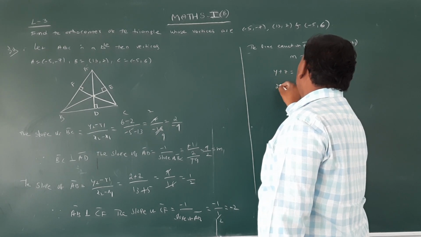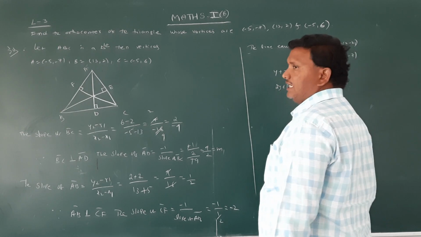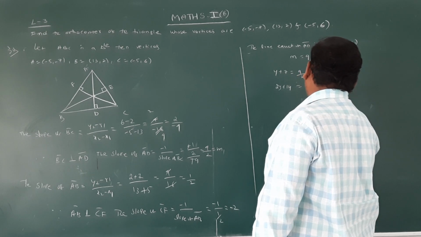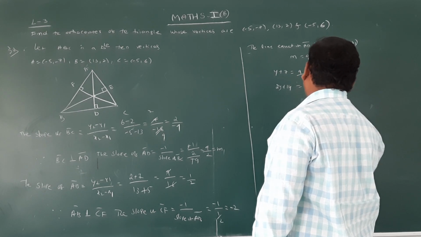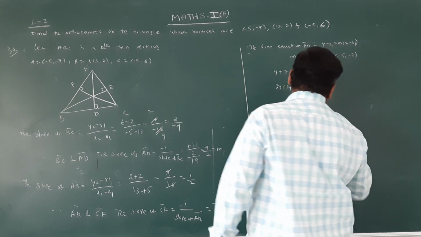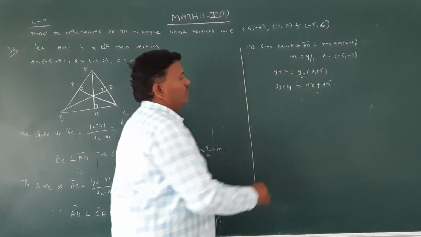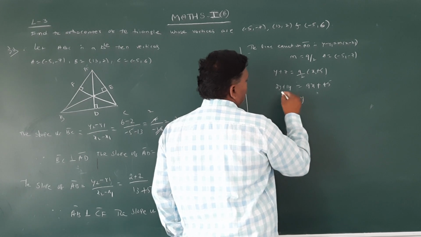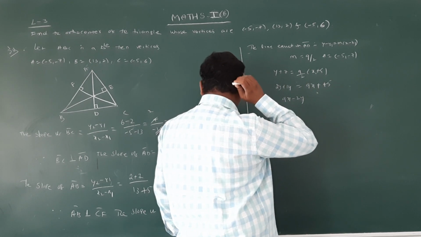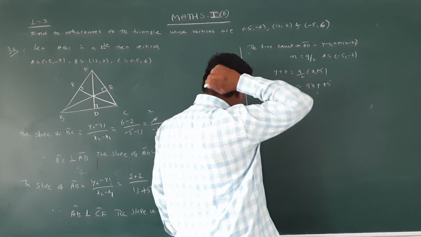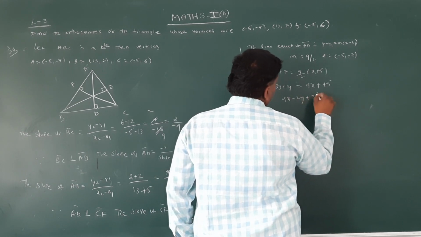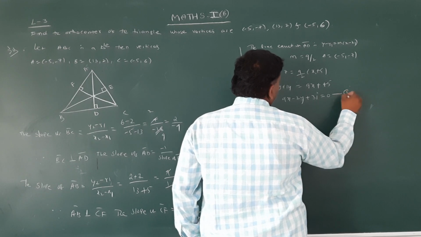That gives 2y plus 14 is equal to 9x plus 45. Moving terms to the right side, 9x minus 2y plus 45 minus 14, so 9x minus 2y plus 31 is equal to 0.